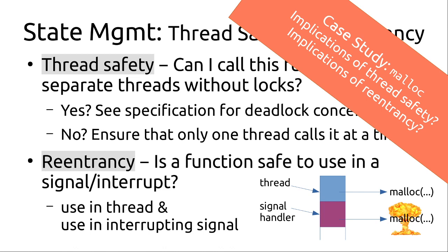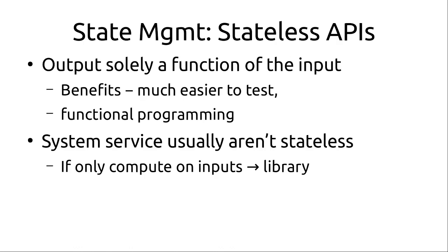Most signal handlers, all that they really do is write to a pipe that your normal loop in some thread can actually retrieve, for this reason, because you can't even call malloc. You can't really do anything in a signal handler. But you also see it in interrupts at the lowest levels of your operating system. But because it's at the lowest levels of the operating systems, we can create abstractions that hide that API relatively well. Okay, let's go on with state management.